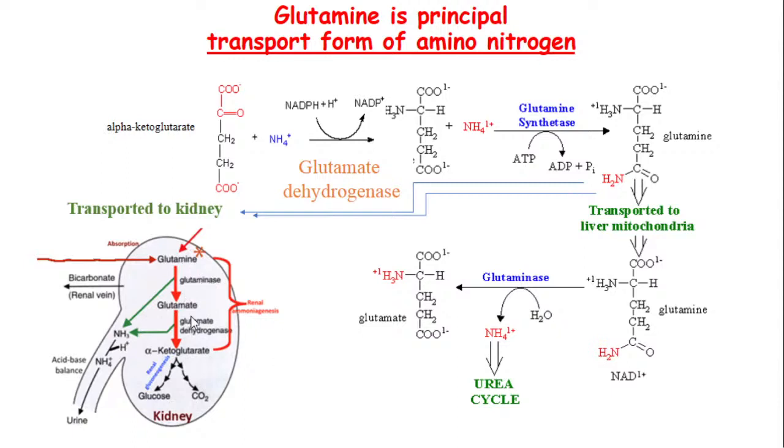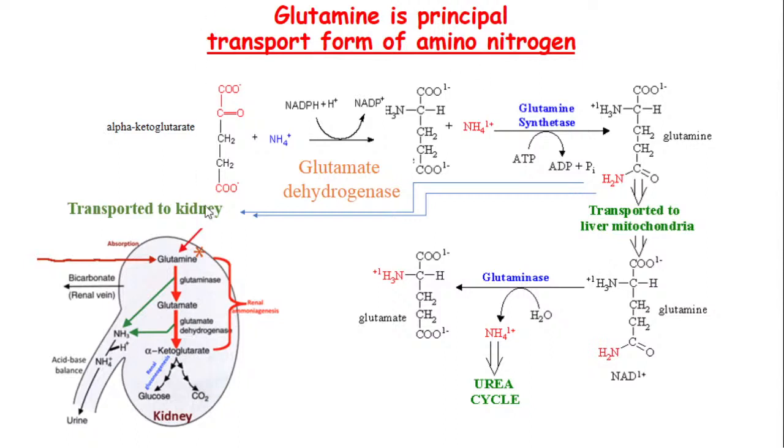Glutaminase releases ammonia and glutamate, then by glutamate dehydrogenase, oxidative deamination of glutamate, a new portion of ammonia can be released. So two amino groups we can obtain from glutamine.